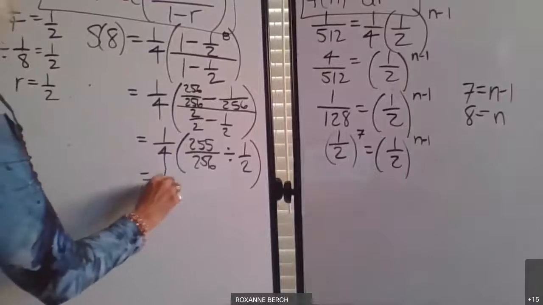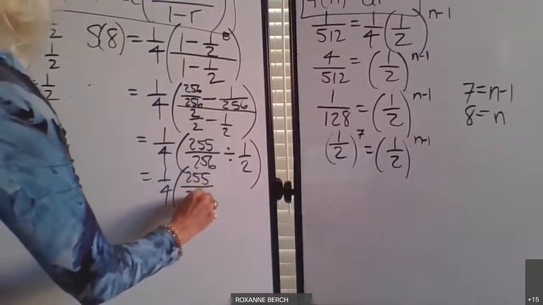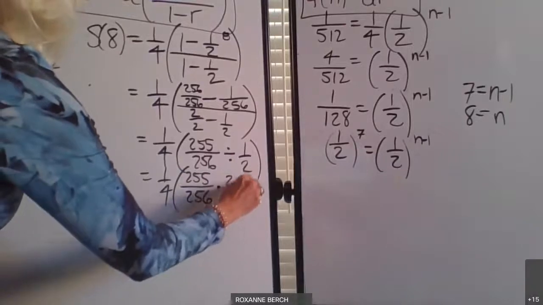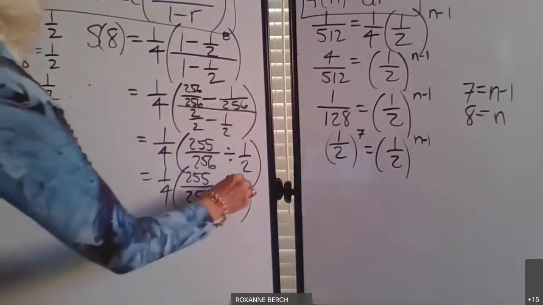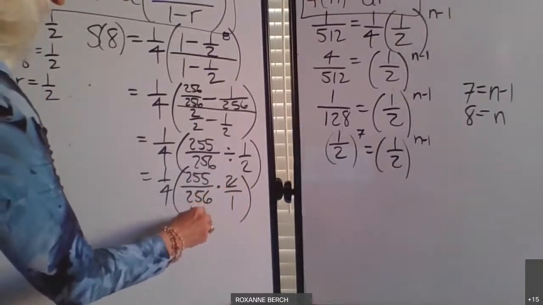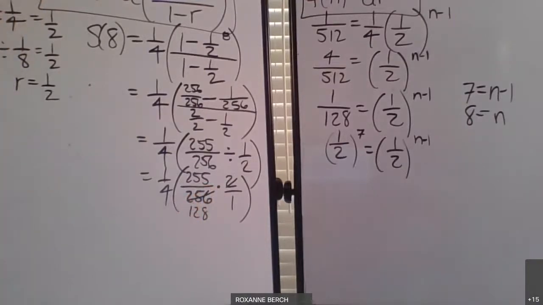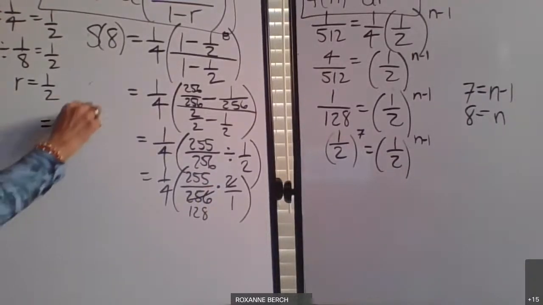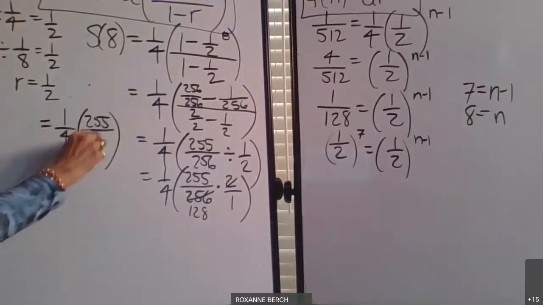So we have 1/4 times 255 over 256 times the reciprocal, and we're going to cross cancel. So 2 times what is 2, 2 times what is 5 with 1 remainder, 2 times what is 16, 8. So we end up with 1/4 times 255 divided by 128.